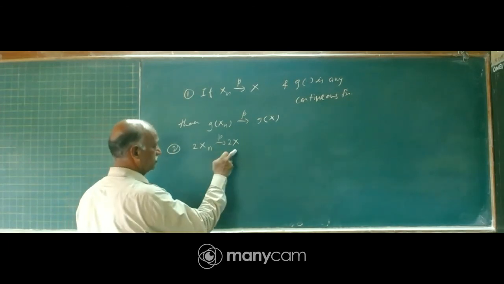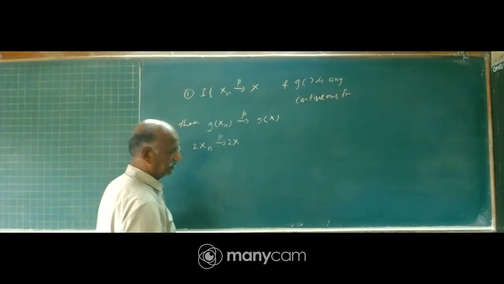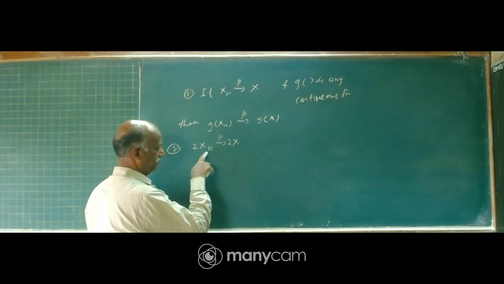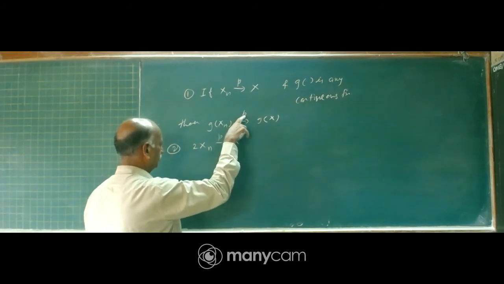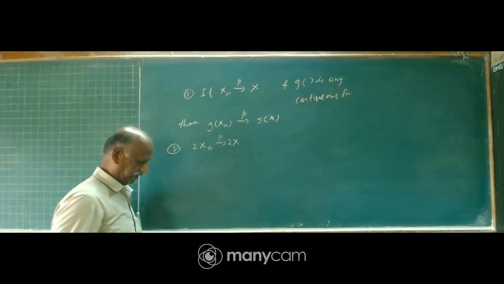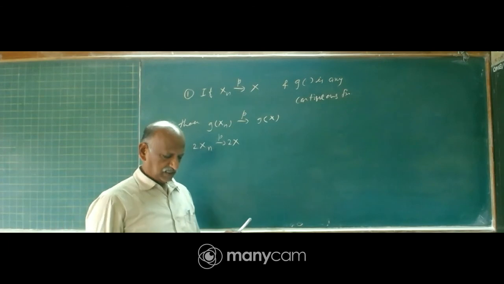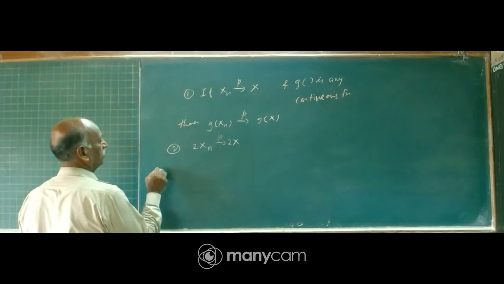If we define any function, then g(Xn) converges to g(X) in probability. Okay, next, result number 2.